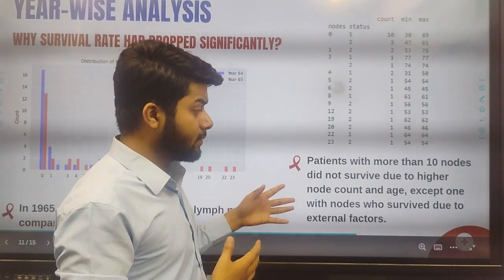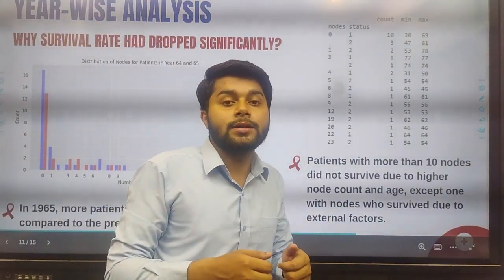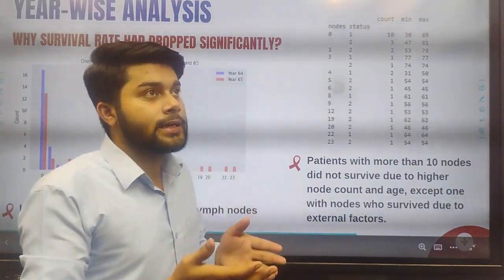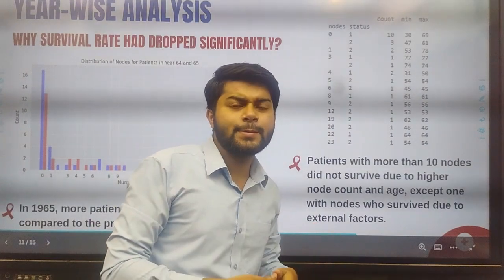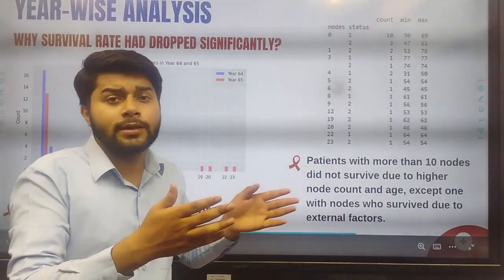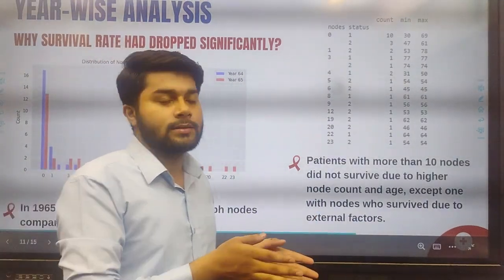So we can conclude that patients having more than 10 nodes didn't survive due to their higher node count or higher age. Except for one, but that exception may be due to other factors that influence breast cancer.